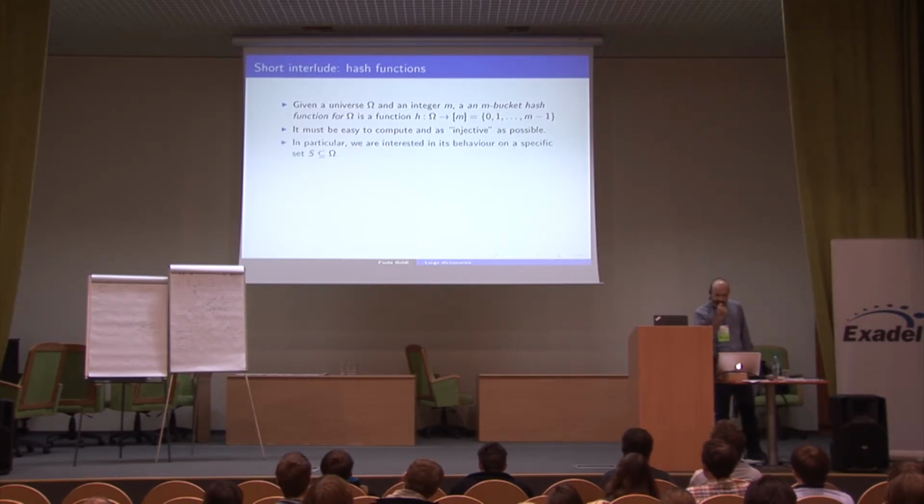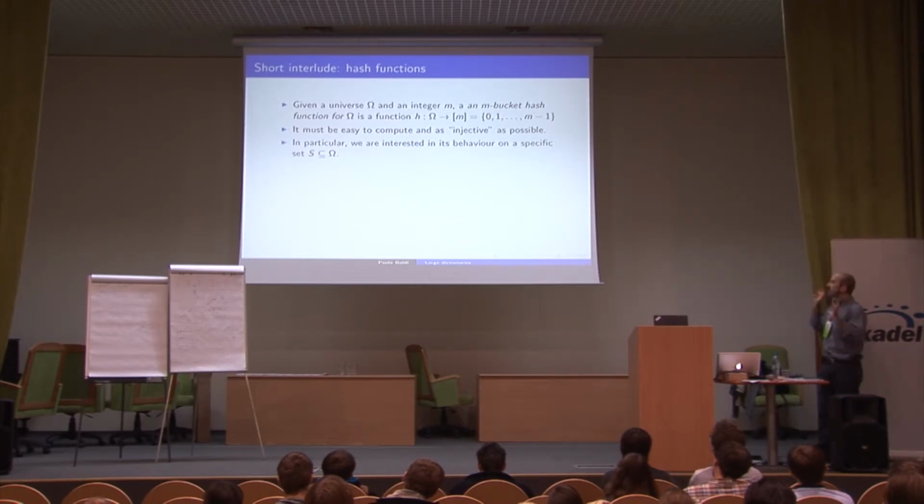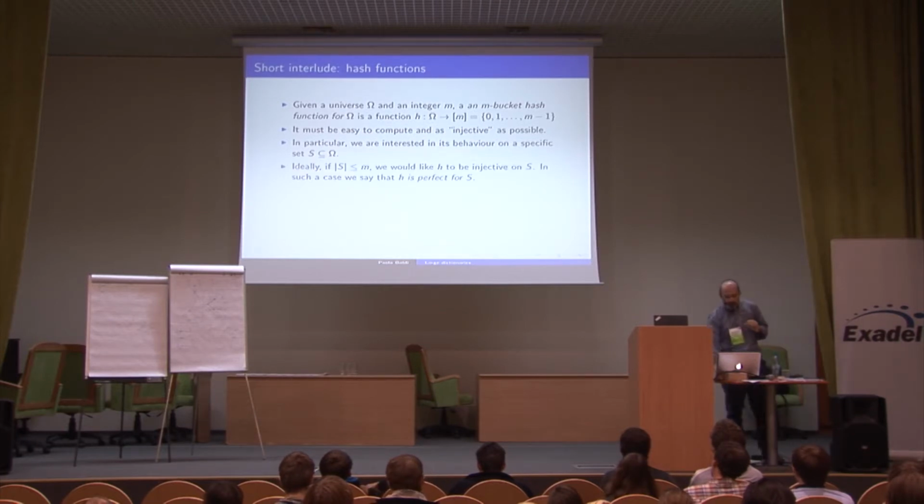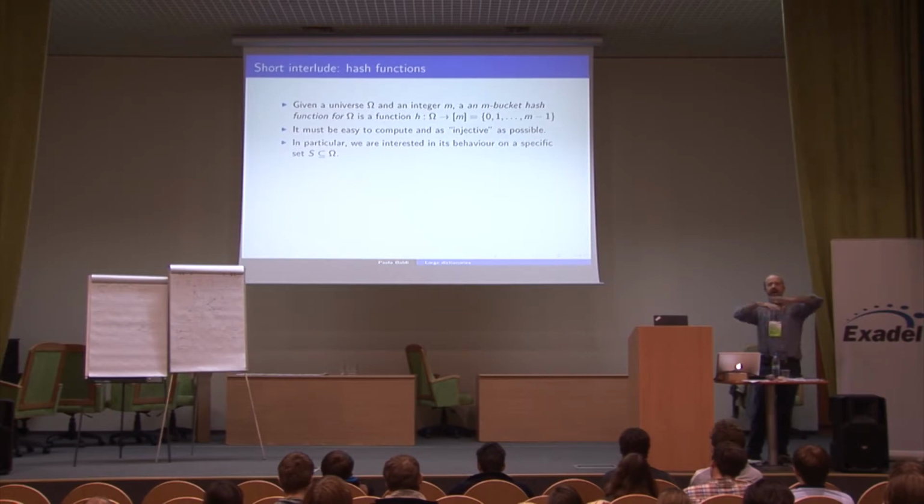When I say it is as injective as possible, what I have in mind is that there is some subset S of omega, and we want H to be injective on S. So on the set of all strings, there will be a subset of strings that I am interested in, and I would like H to be injective at least on that set.